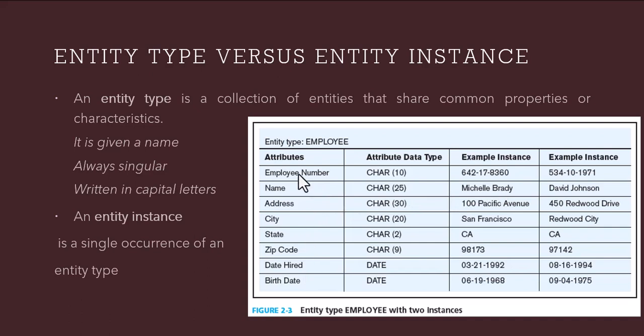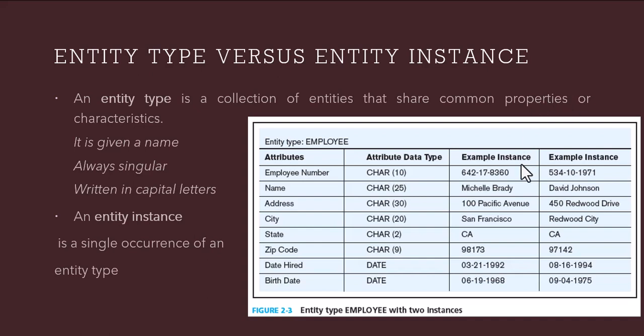So these are the attributes of the employee. The first attribute is the employee number, second is the name, third is the address, city, state, zip code, date hired, and birth date. And these are the attribute data types. Later we will discuss the data types. And these are the two instances.